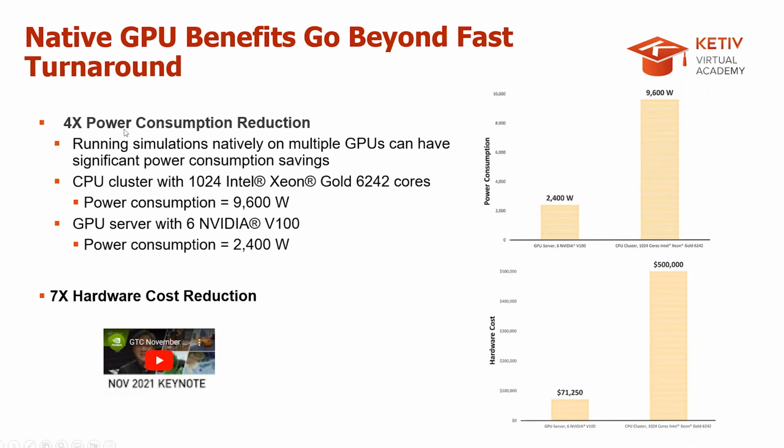For this particular problem, you could get around 4 times the power consumption reduction, which helps you improve the overall ROI of your project. And even in terms of hardware, for the same type of performance, investing in a CPU cluster could cost you 7 times more than investing in a GPU server for doing the same problem.